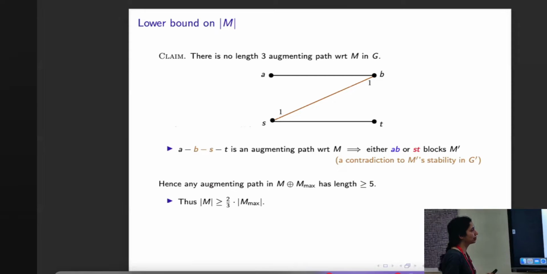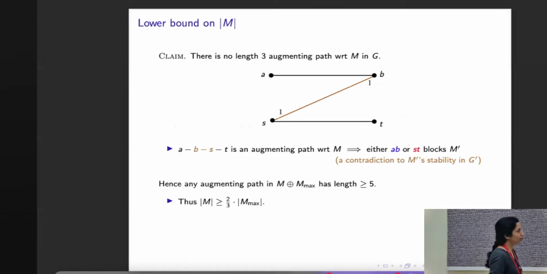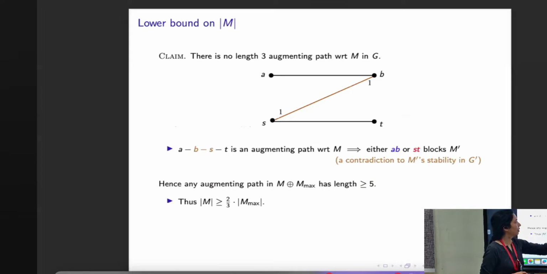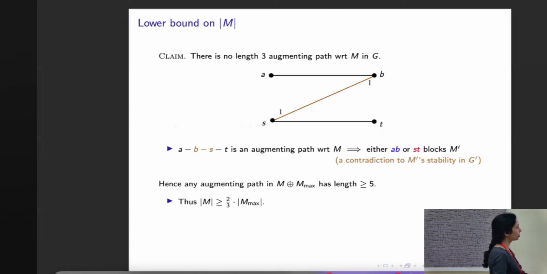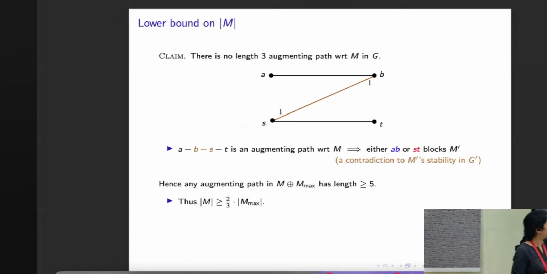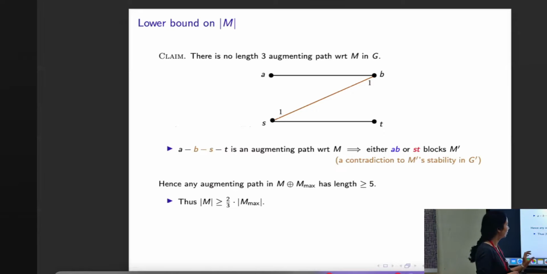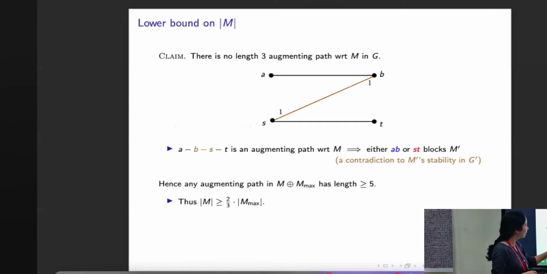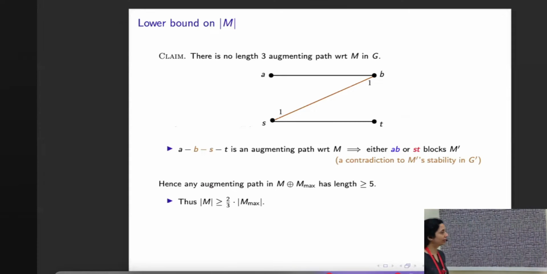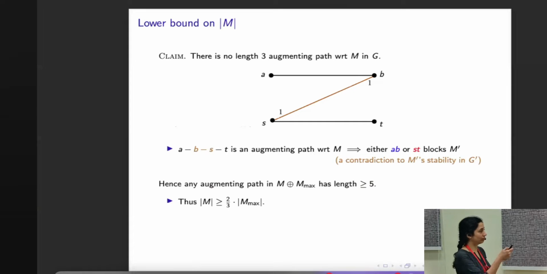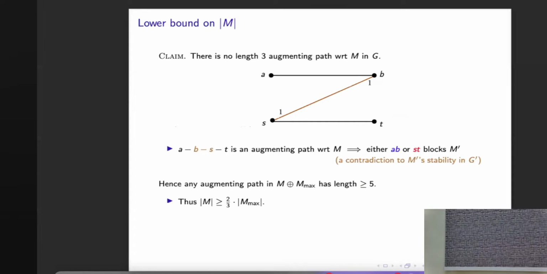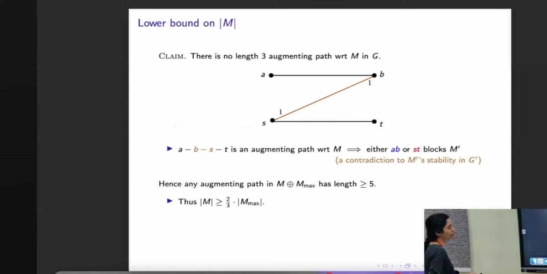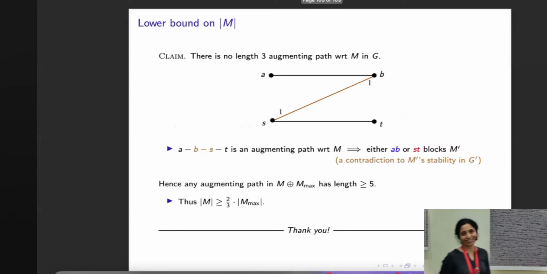M prime is the stable matching in the red blue graph which gave us this matching M. So any augmenting path in the symmetric difference has length at least 5, which means the cardinality of M is at least 2/3 the cardinality of a maximum cardinality matching in G. So this is better than a stable matching, where we could have a half instead of 2/3. Yeah, that's all I have to say. Thanks.